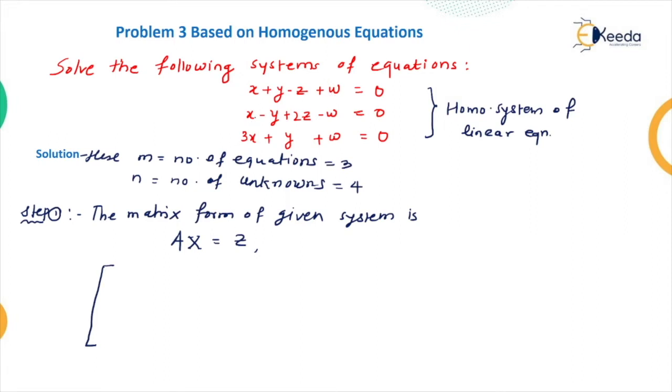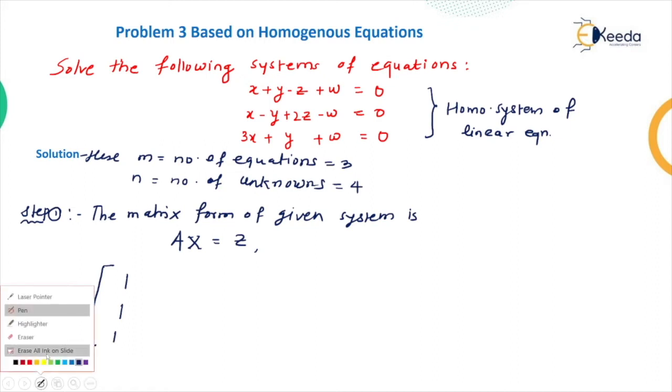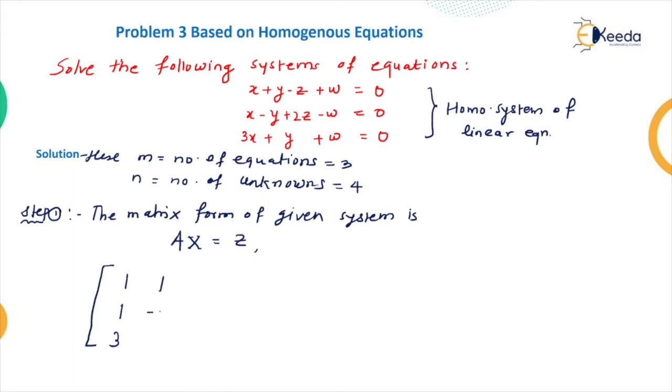In the first column you write all the coefficients of x: 1 in the first equation, 1 in the second, and 3 in the third. In the second column, the coefficients of y: 1, -1, and 1.